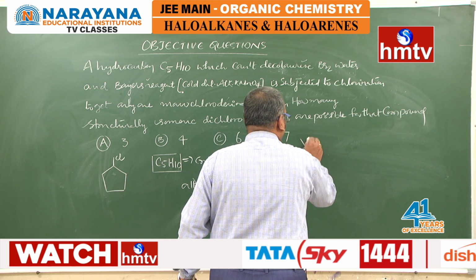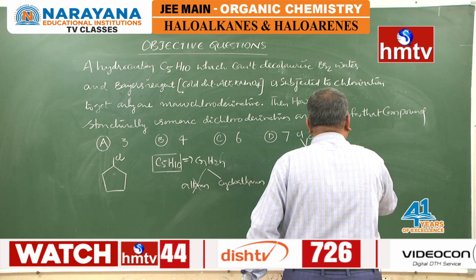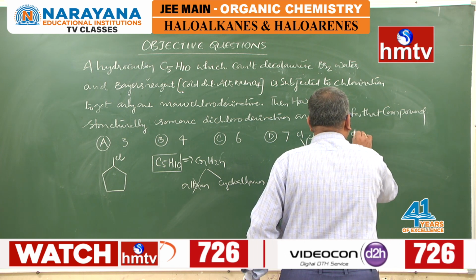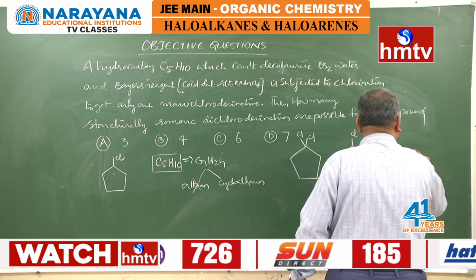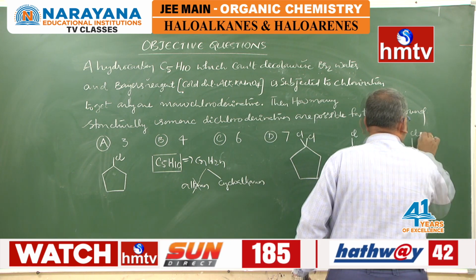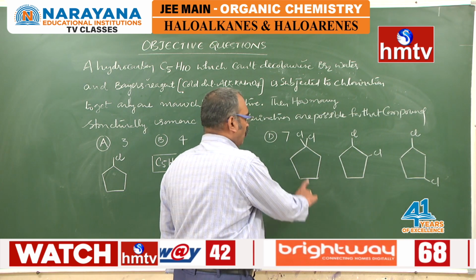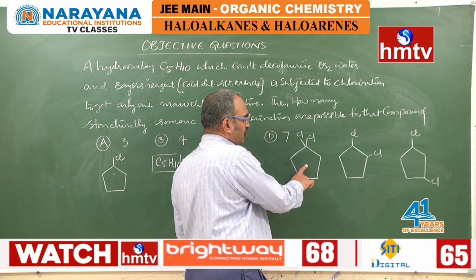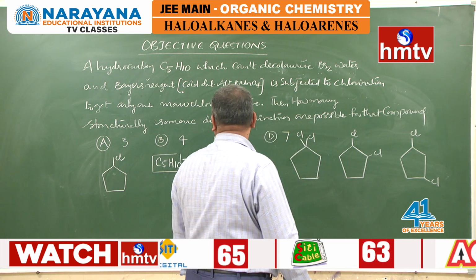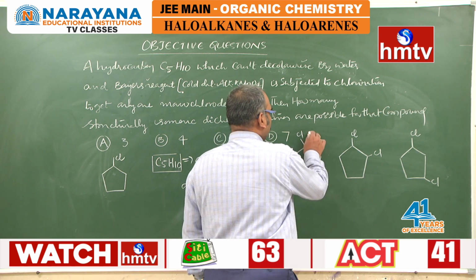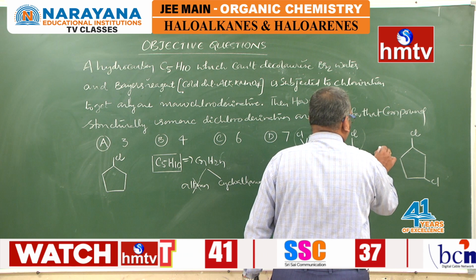You can keep 2 chlorines on the first carbon, or you can keep 1 chlorine here, giving 1,2-dichlorocyclopentane, or you can keep 1 chlorine here, giving 1,3-dichlorocyclopentane: 1,1-dichlorocyclopentane, 1,2-dichlorocyclopentane, 1,3-dichlorocyclopentane.